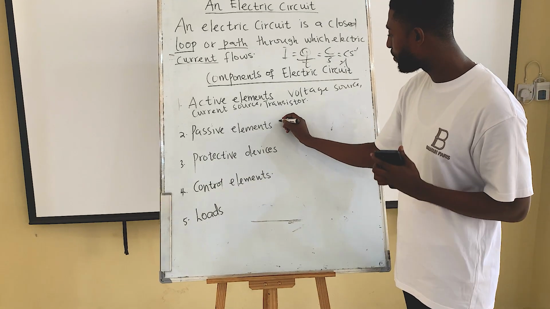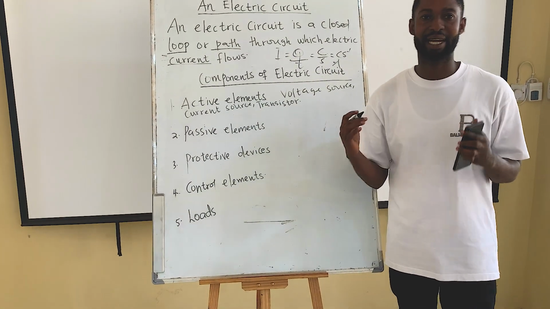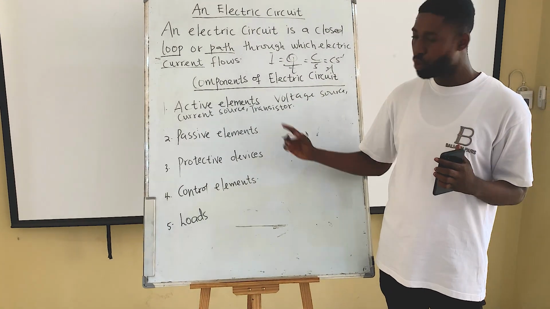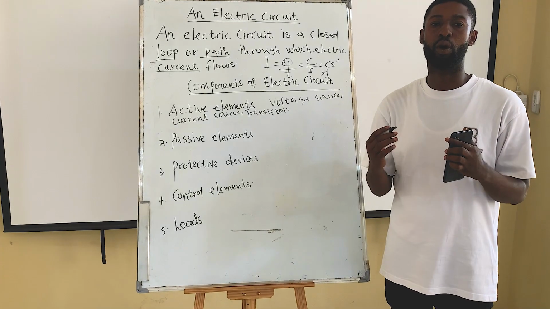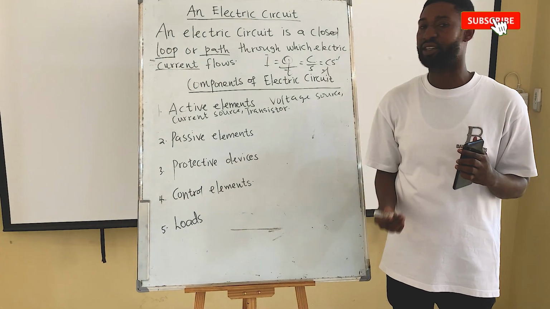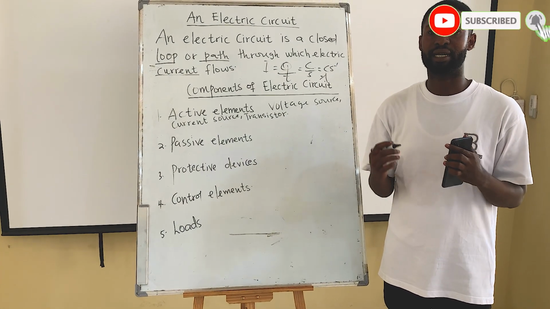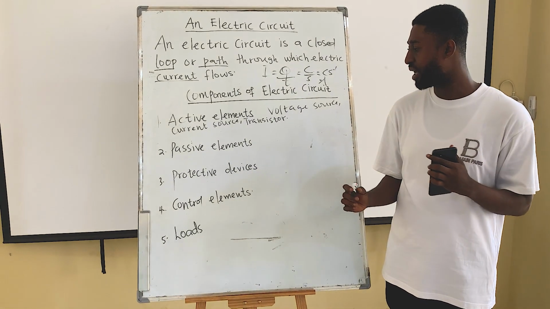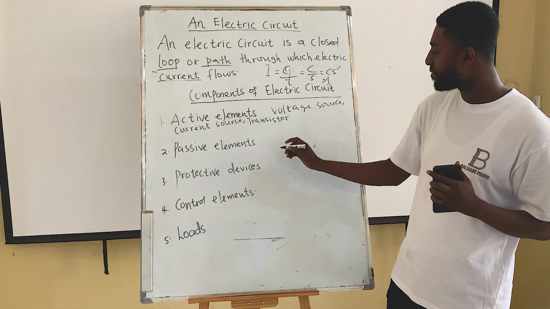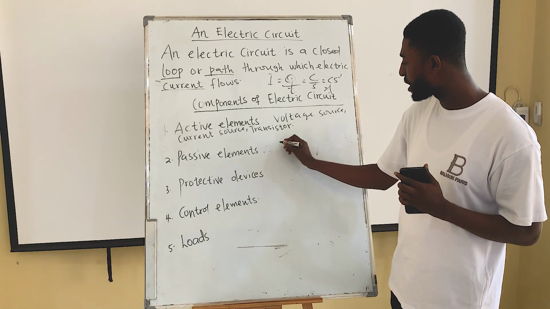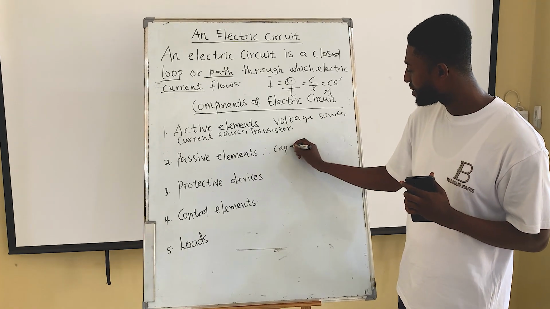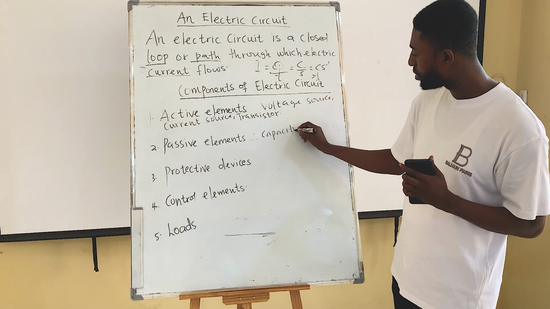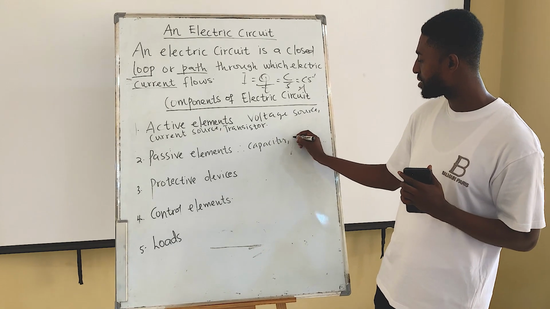Then when we talk of passive elements, these are elements in a circuit that do not generate electrical energy. But what they do is that they either consume, absorb, or dissipate this electrical energy. So examples of passive elements in a circuit, we can have one, a capacitor, which is used to store charges.